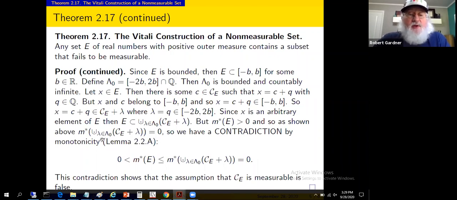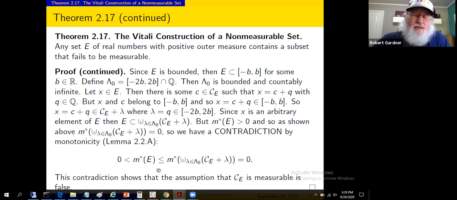And we've seen on the previous slide that the measure of this union equals 0. So we got a problem here. We've got a positive measure subset of a measure 0 set. So that's a contradiction, specifically by monotonicity. We have 0 is less than the outer measure of E. You were told E has positive outer measure by hypothesis. We've got E as a subset of this union.